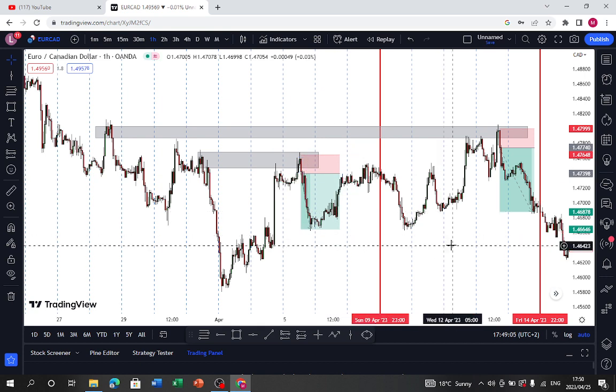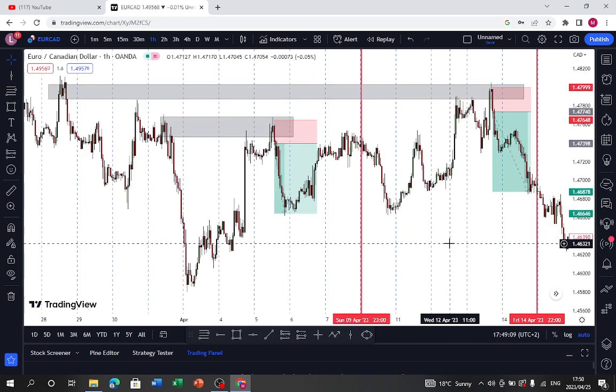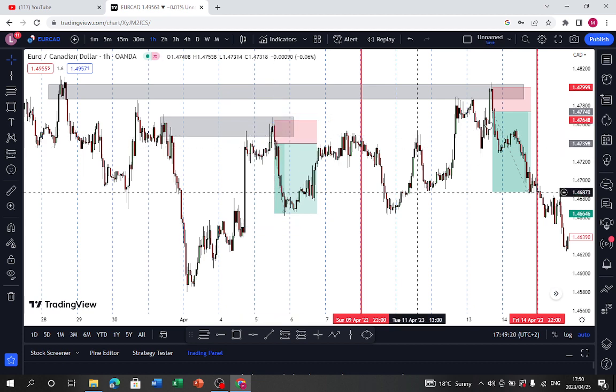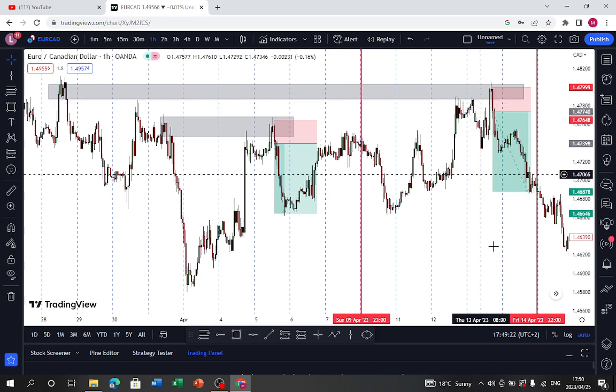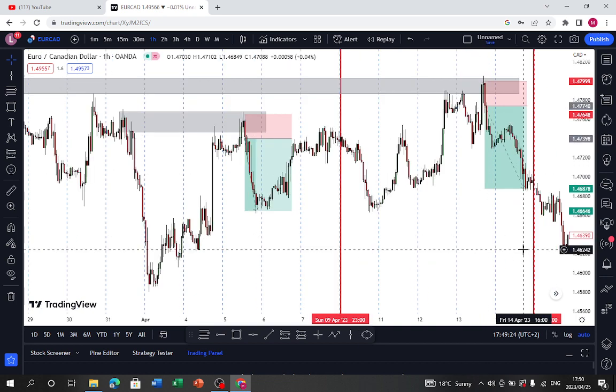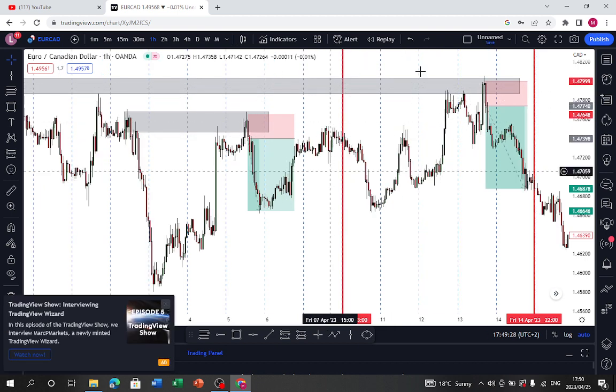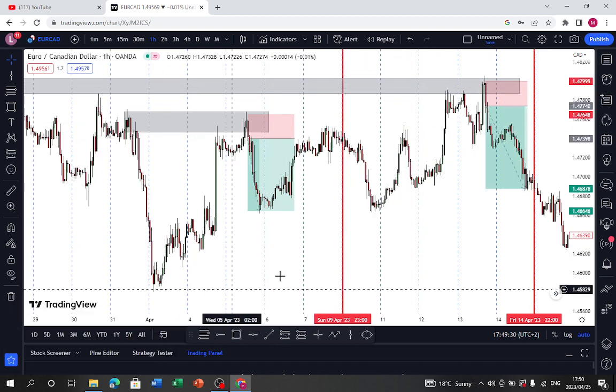You know the saying that goes like this: a candlestick tells a story, right? This candlestick is telling us that sellers have stepped in. This candlestick tells us that sellers are willing to sell the market at this price. So these are two examples of selling.